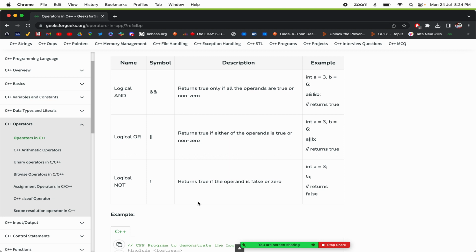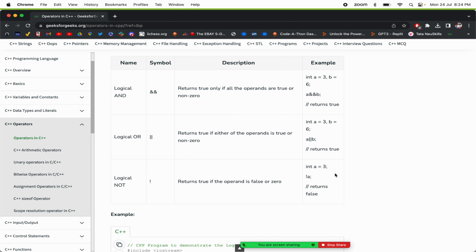And not, that will basically reverse the result. So if we are getting true, then not will give false. If you have a true value, not true will give us false, and if you have a false value, not false will give us true. For example, a equals to 3, not a. So a is a true value, right?